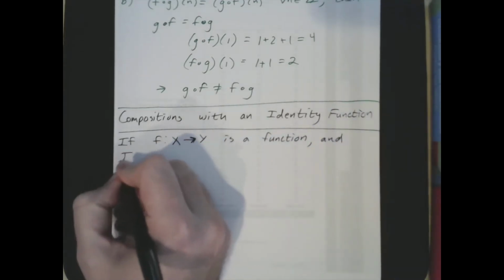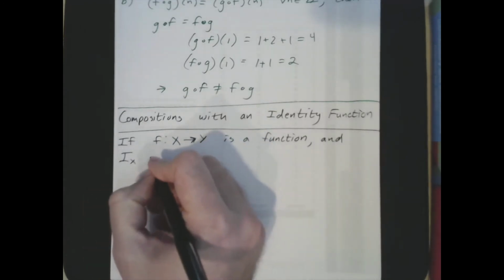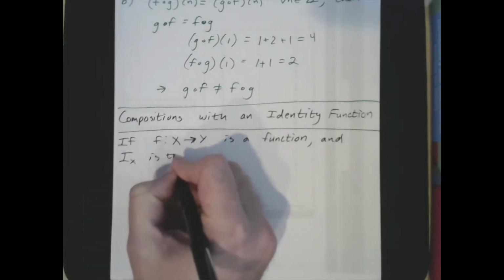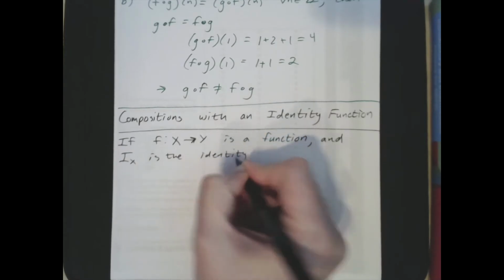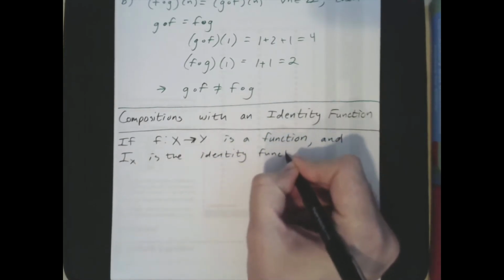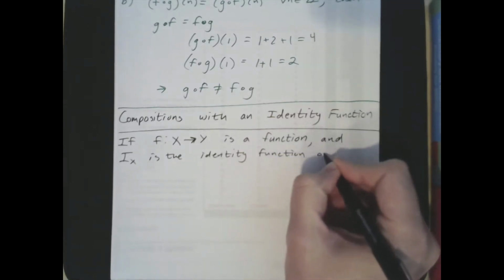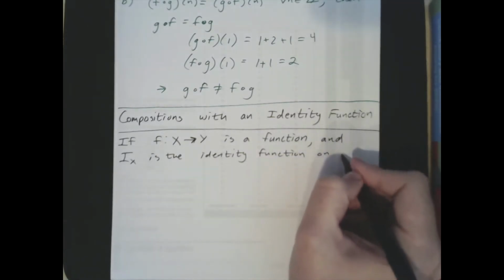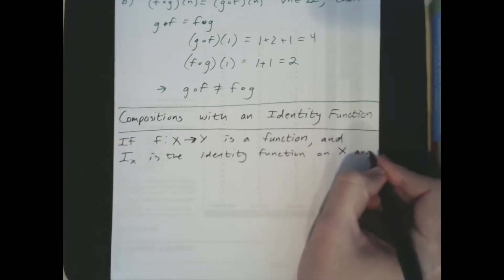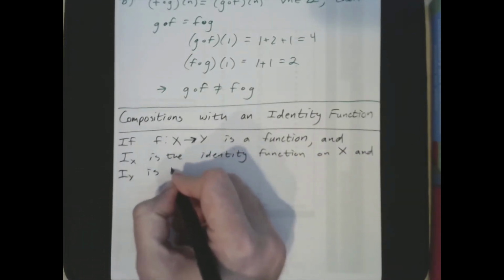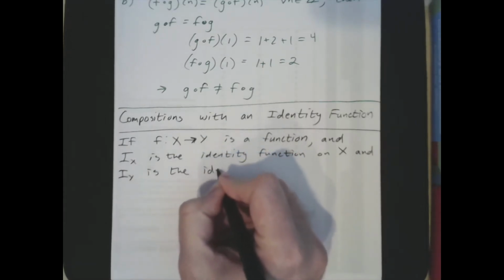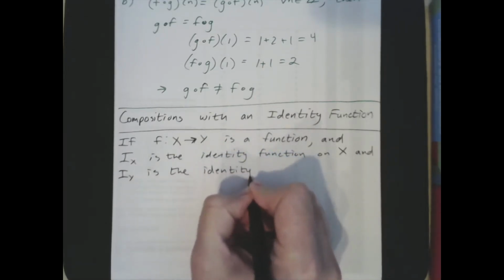Okay, so if f maps x to y as a function, and I sub x is the identity function on x, and I sub y is the identity function on y.